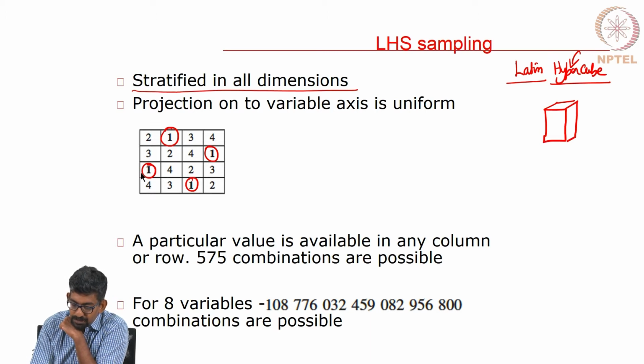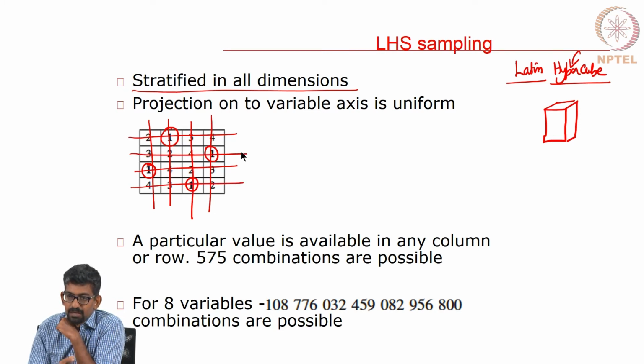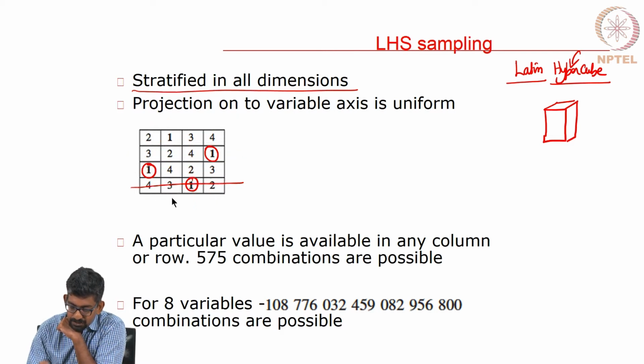So, if I do this, similarly if I do this, I will cover the entire design space. This is uniformity. So, you can do the same for any other thing also. This is the one that we are talking about in terms of uniformity, not about the sample placement.